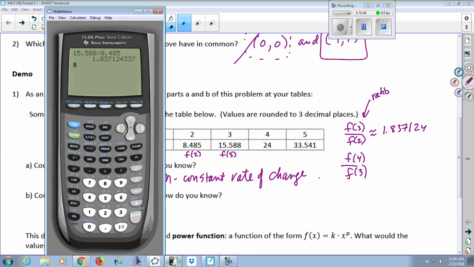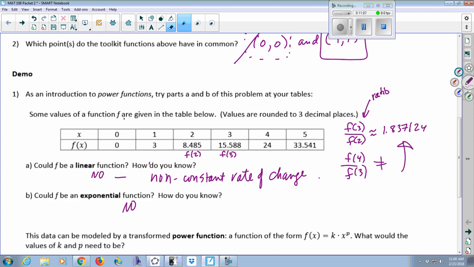I'm going to store it in alpha A so I can compare it. f of 4 is 24, and I'm going to divide it by f of 3, which is 15.588. And that does not equal that ratio.